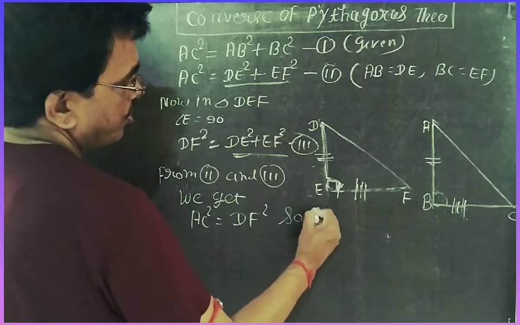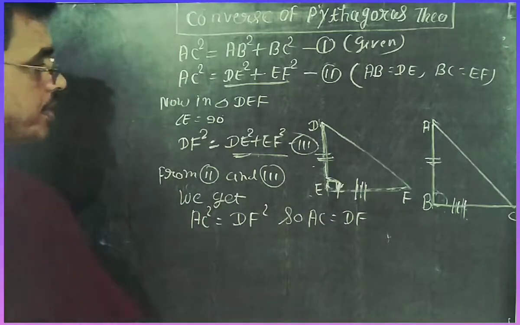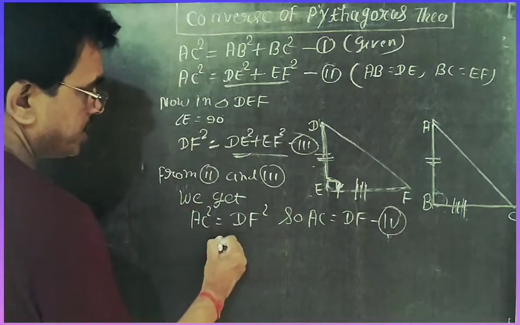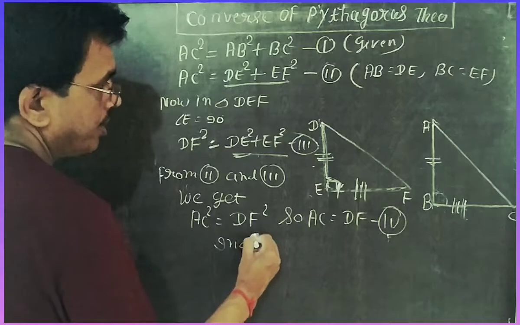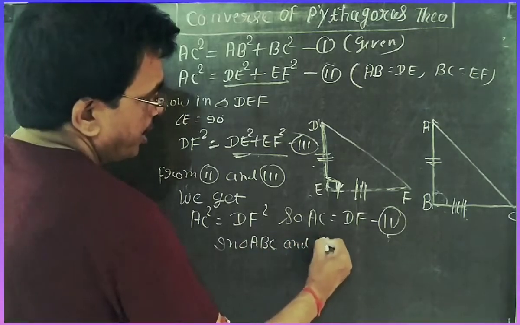So AC is equal to DF. That is equation 4.